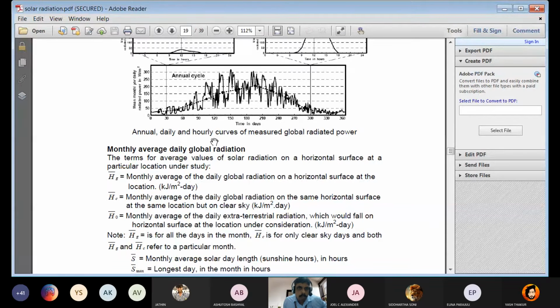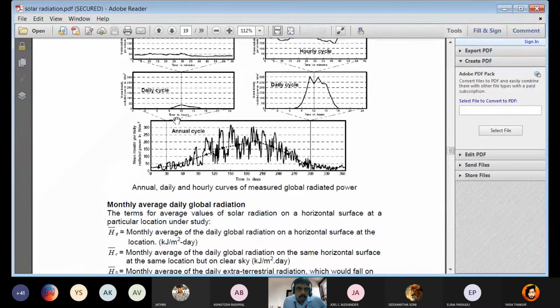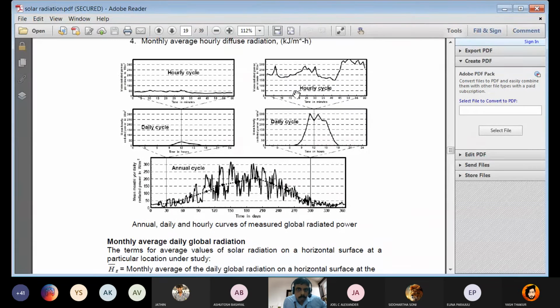The daily curve is like this, and this is the annual hourly curve. Solar radiation is highly fluctuating depending upon the time, latitude, right. All these angles are functions of global radiation availability.